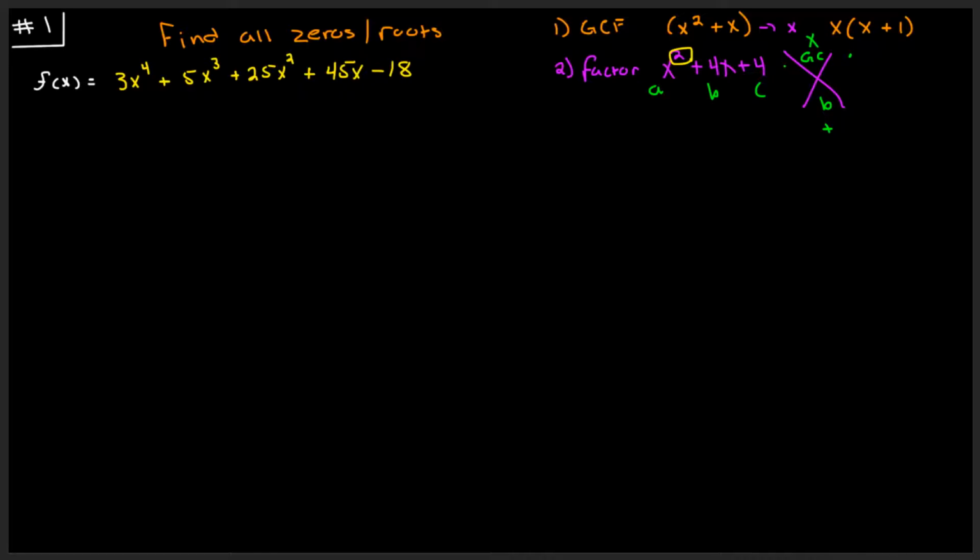Your A times C is 1 times 4, which is 4, and your B is also 4. So what two numbers multiply to get 4 and add to get 4? Well, you got 2 and 2, so you would say (x plus 2) times (x plus 2) is how you would factor that.